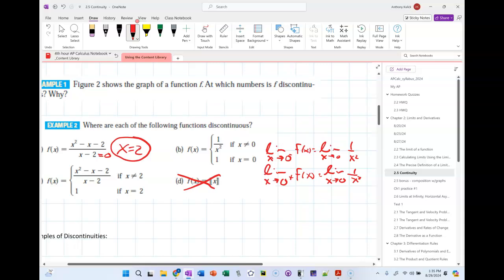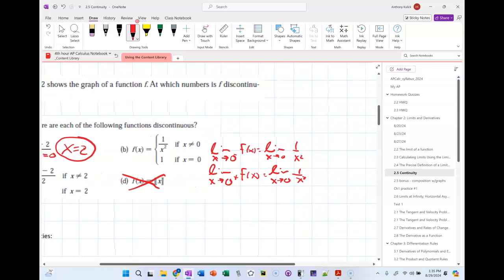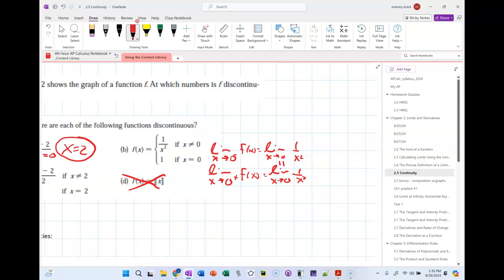Everybody's good with how I can say that? The left-hand limit is x not equaling 0, and so is the right-hand limit, so it's the same one, right? So those clearly have to equal each other, right? What is that going to, though? What number is it going to?